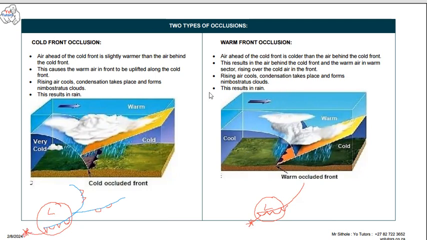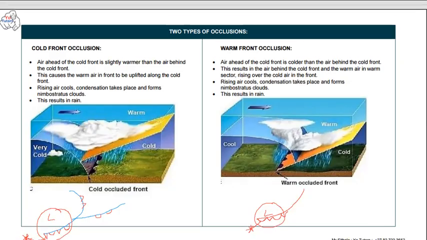But remember, the warm air is still being lifted up, and rain is also occurring, but it's no longer strong rain, because the clouds we now have are nimbostratus clouds, which are low clouds, and they bring light rainfall, not heavy rainfall, compared to cumulonimbus clouds.